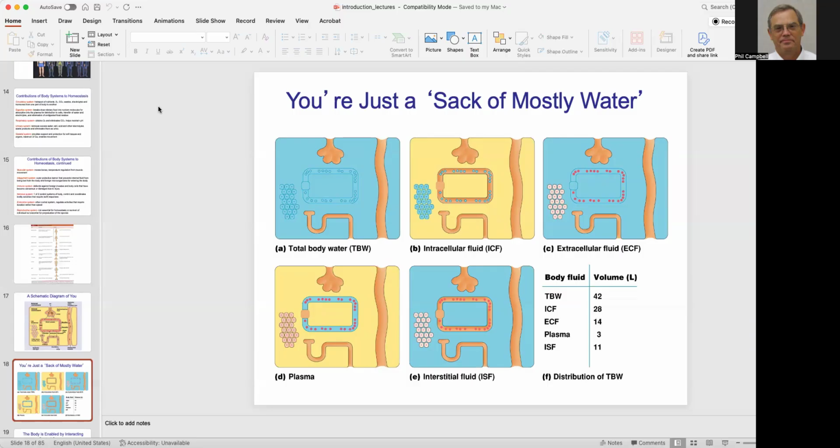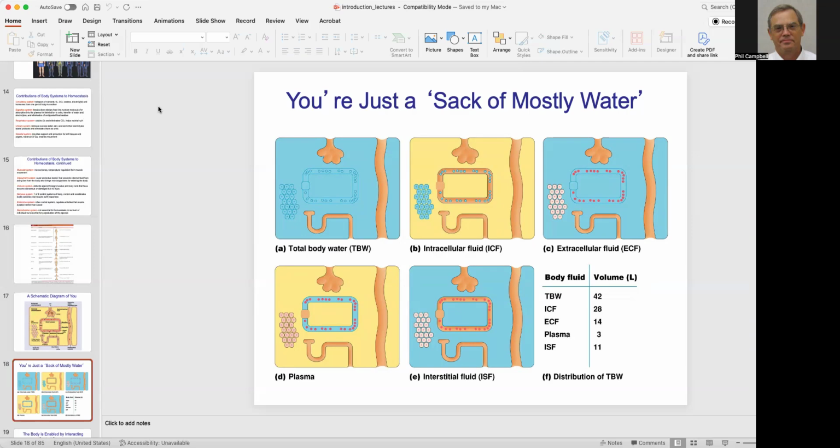You're a sac of mostly water. So that means that we can say all the water in your body is your total body water. Okay? That is the only in blue. Remember, if you're in the tubular filtrate, if you're in the gastrointestinal tract, if you're in the respiratory tract, you are outside the body. It is not blue, it's orange.